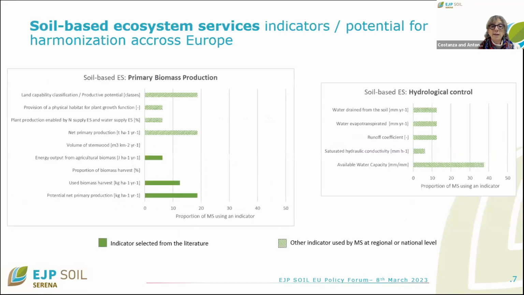The same applies for soil-based ecosystem services, where there is much experience on primary biomass production, while there are fewer hydrological control examples in literature that can be used. So we have to work on what has already been produced at the national or regional level.